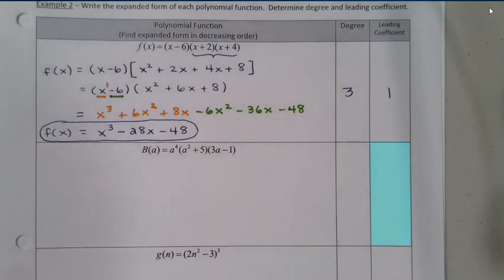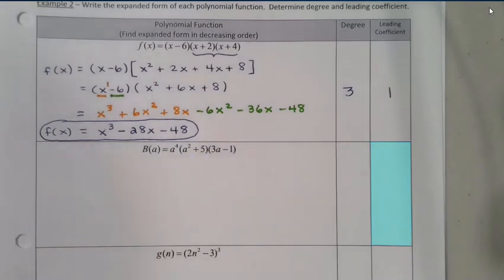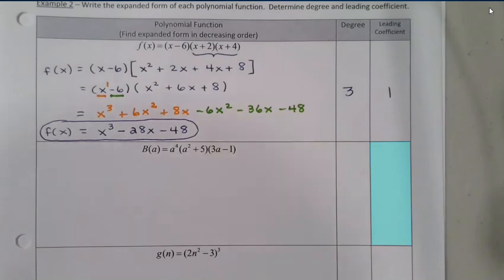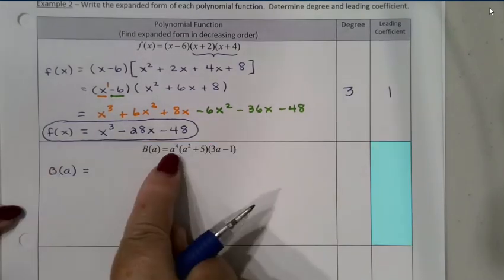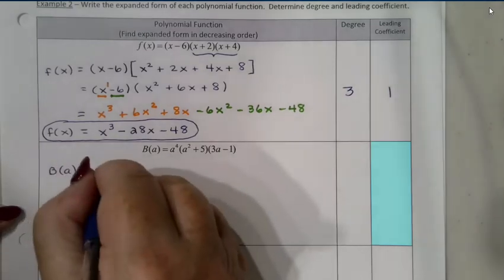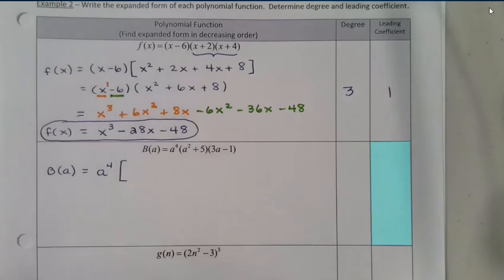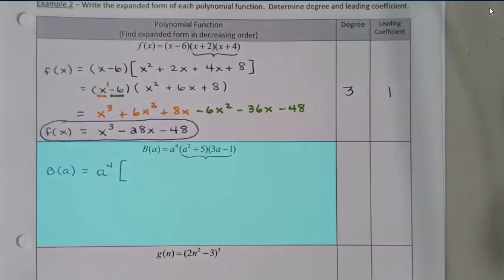All right, let's try a couple more. B of A is defined as this product. And again, there's 3 multipliers. So what I'm going to do is just keep the first one the way it is for now, a to the 4th. And then I'm going to multiply out those 2 binomials.